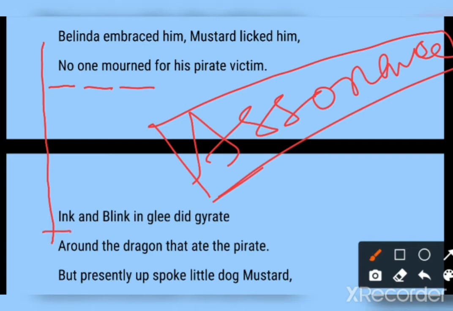And here, ink, blink in, glee, did, guided, so the vowel sound i is repeatedly used in two or three words. So vowel sound i and vowel sound o are repeated in these words. That is the technique of assonance employed in this stanza. That is stanza 12.